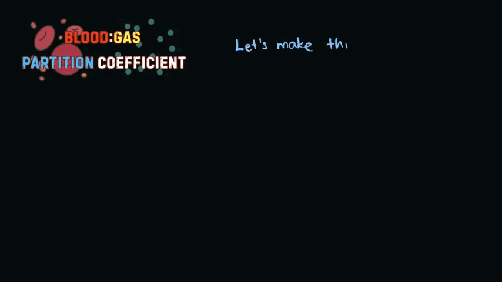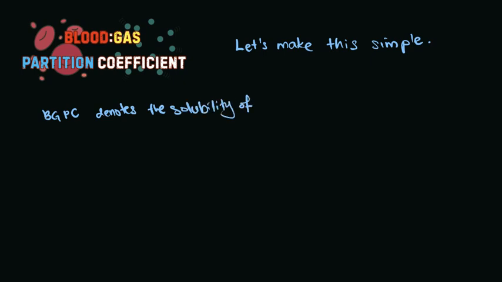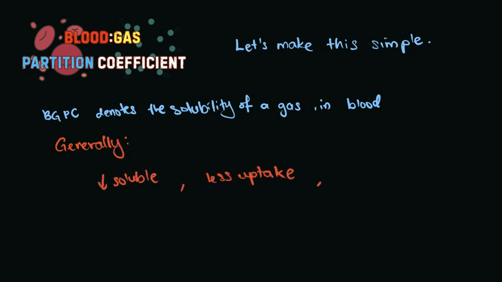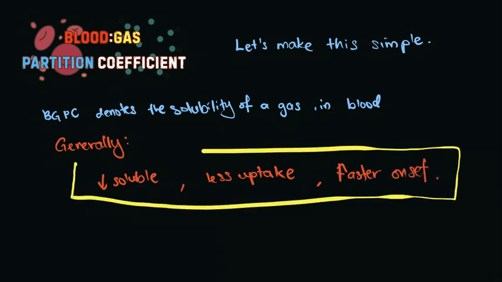So, blood gas partition coefficient. This is a difficult topic to understand, but let's make this simple. Blood gas partition coefficient, hereafter abbreviated as BGPC, denotes the solubility of a gas in blood. As a general rule of thumb, less soluble gas means less uptake by the blood, therefore faster onset.